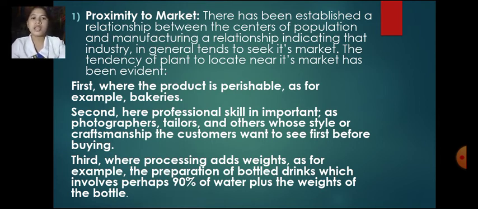Second, where professional skills are important, as with photographers, tailors, and others whose style or craftsmanship the customer wants to see first before buying. Third, where the processing adds weight, as for example, the preparation of bottled drinks, which involves perhaps 90% water plus the weight of the bottle.